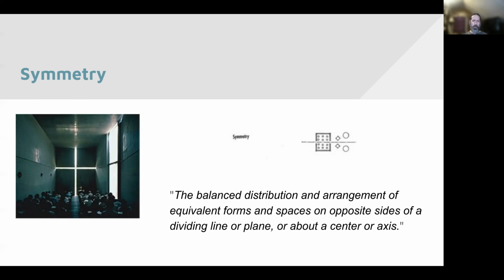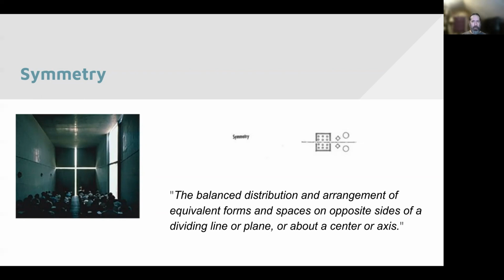Also, dividing line or plane. This can be applied in a three-dimensional space as well, with two-dimensional planes being symmetrical to each other. If you imagine a reflection in a pool, the reflection is providing symmetry on two different planes. So again, when you're designing spaces, symmetry is an ordering principle.